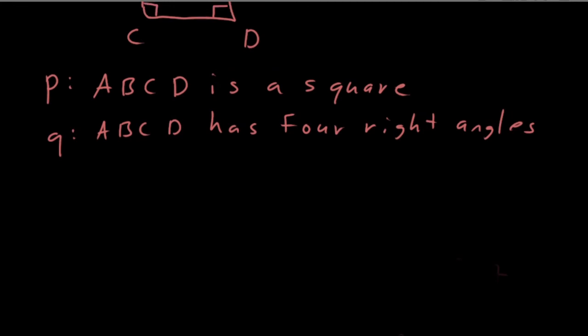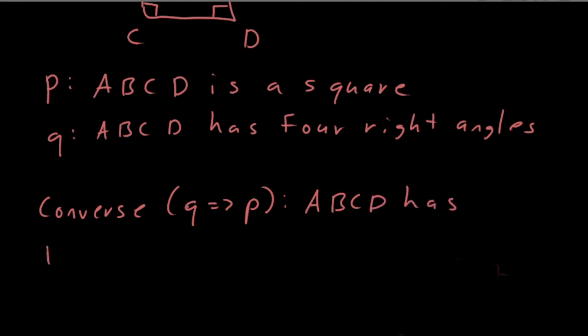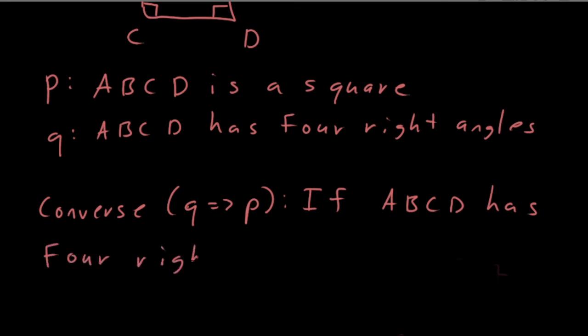Okay, so the converse. Remember, the converse is Q implies P. So the converse would be, if ABCD has 4 right angles, then it is a square.